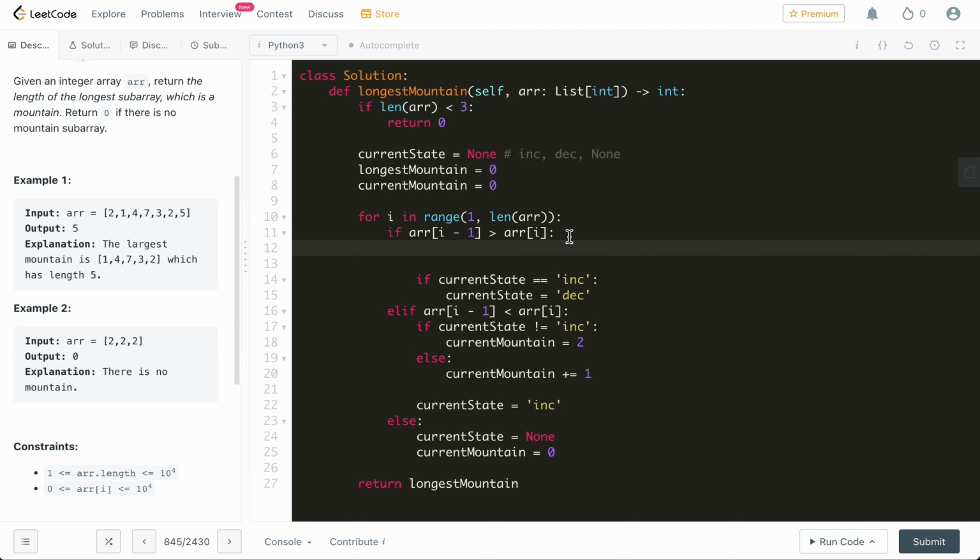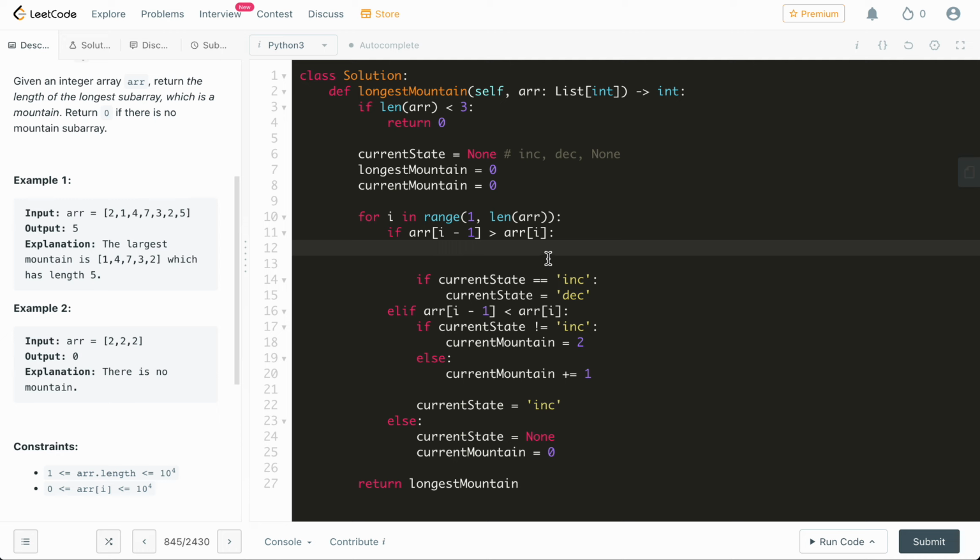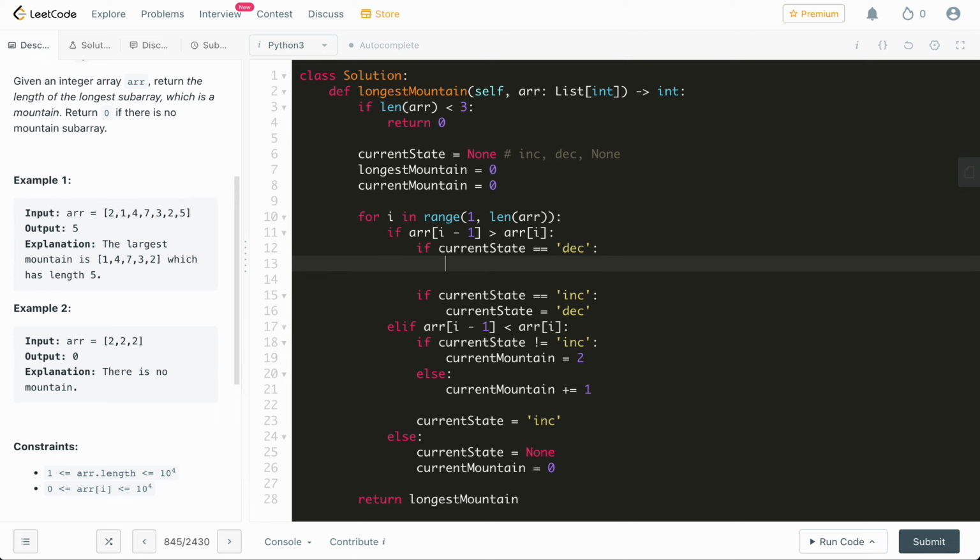That means if we're in a decrease, we can add 1 to our current mountain, meaning we were at 1, 2, and then 3, 4, right? So we could say if current state is equal to a decrease, we can add 1 to our current mountain, plus equals 1. Okay, but here's something we also need to account for.